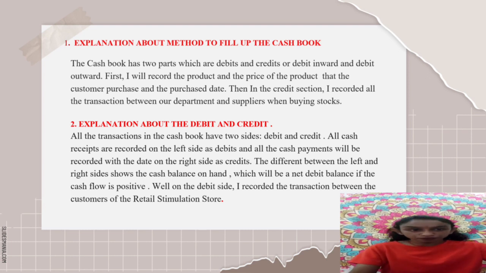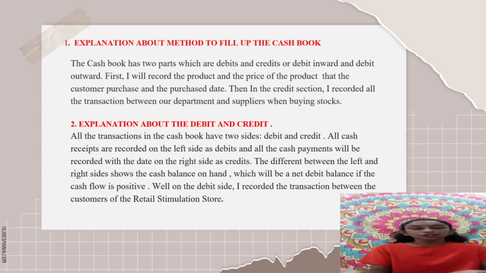Next, I will explain about the debit and the credit. All the transactions in the cash book have two sides, as I said in the first part, debit and credit. All cash receipts are recorded on the left side as debits, and all the cash payments will be recorded with the date on the right side of the credits.